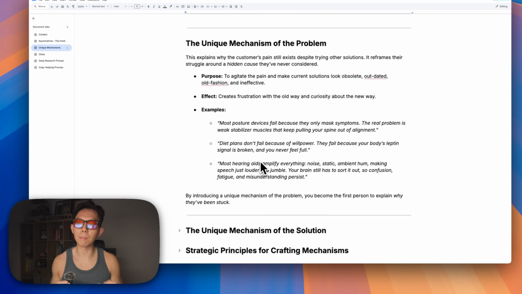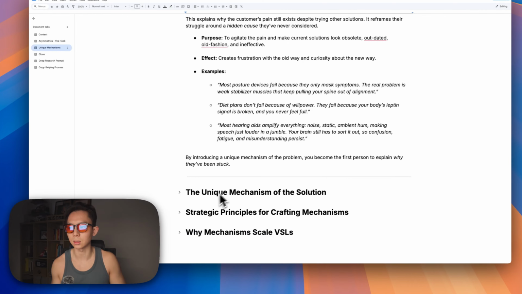Most hearing aids amplify everything: noise, static, ambient hum, making speech just louder in a jumble. Your brain has to sort it out, so confusion, fatigue, and misunderstanding persist. So that is a unique mechanism of the problem when it comes to existing hearing aid solutions, right? You want to become the first person to explain why they've been stuck, and they'll continue to be stuck if they rely on old traditional methods.